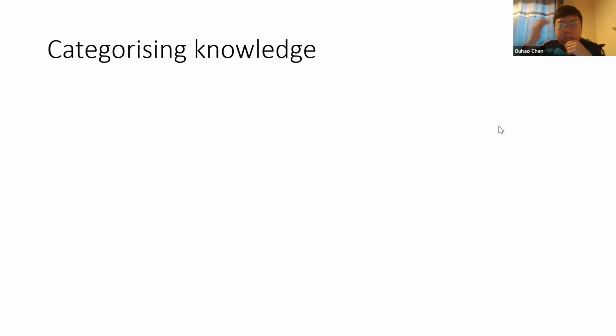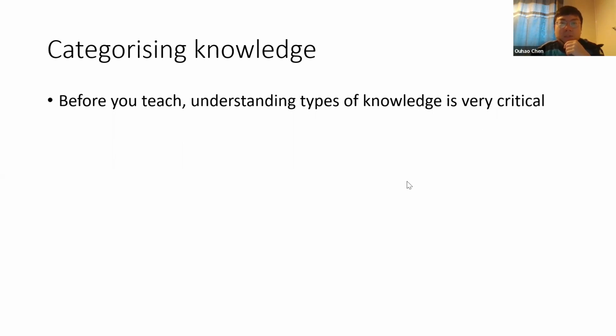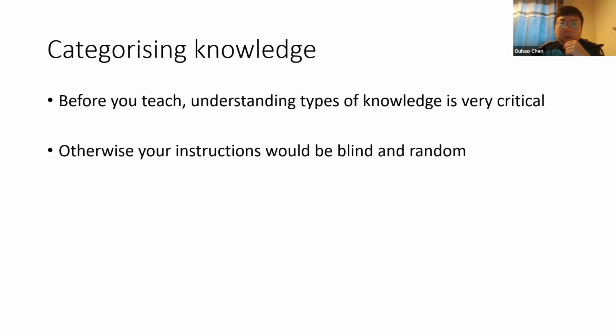So why do we need to categorize knowledge before we teach students? That's because before you teach, understanding types of knowledge is very critical. If you don't understand which knowledge you should teach and which you shouldn't, your instruction will be random and blind.